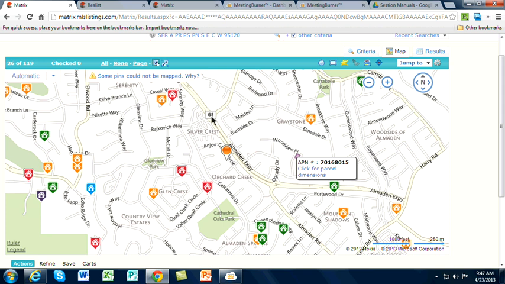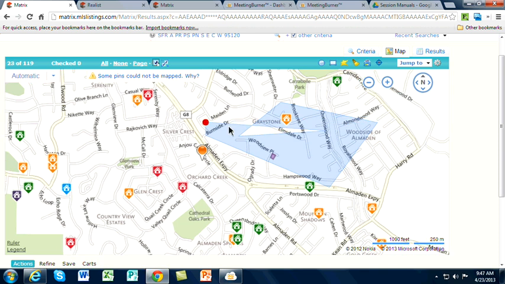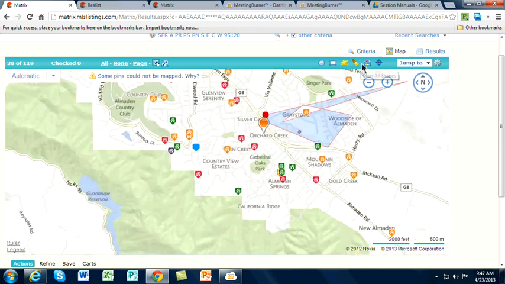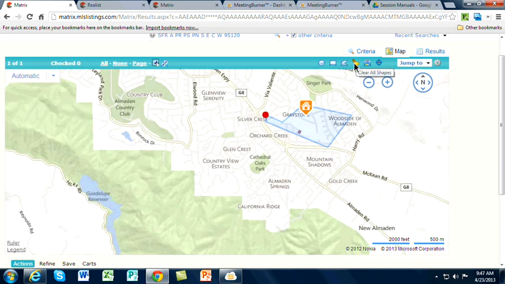So what we would normally do, assuming we were doing something in this area, is the polygon search. And we would go up. Oh, it's doing this again. For some reason, it's doing this weird thing to me, and it won't allow me to just draw a polygon.